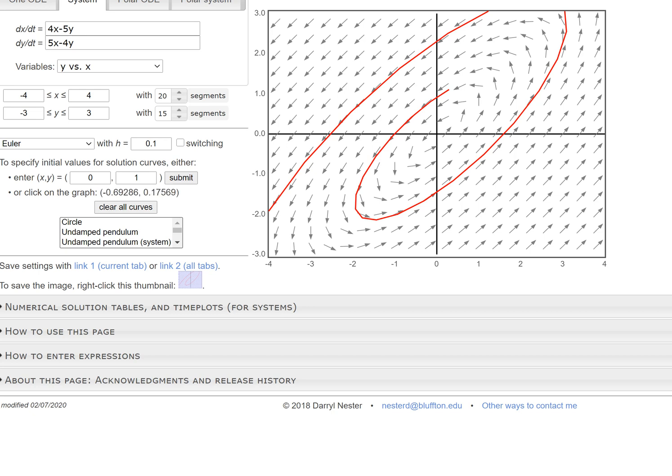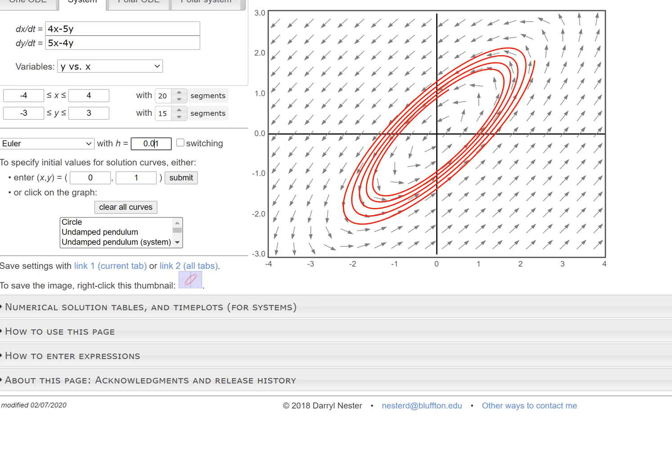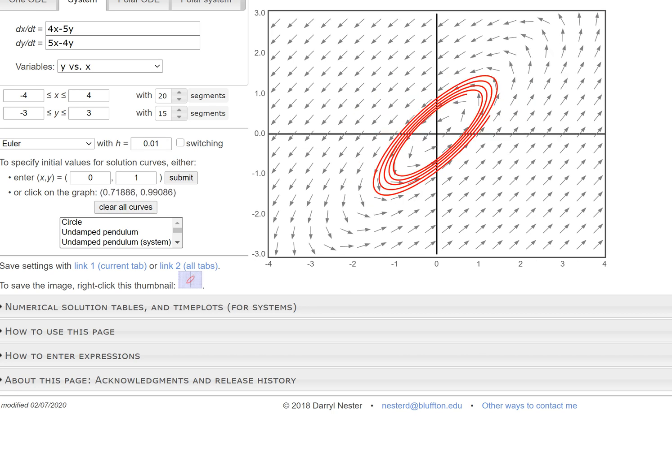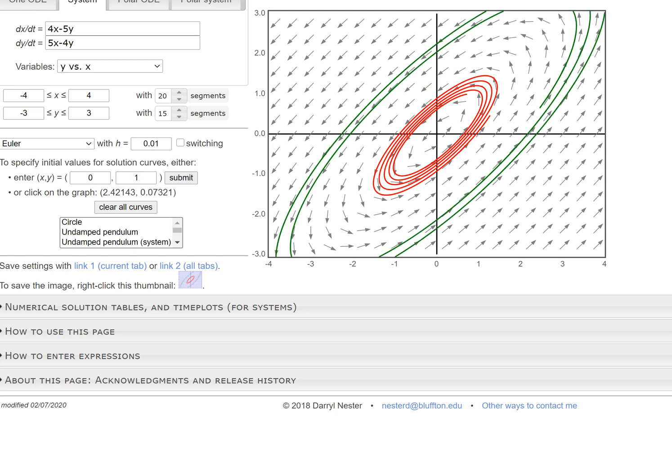Let me see if I can fix this, because I'm expecting spirals here, by changing our step size. And let's clear our curves. And I do see them spiraling in the same direction, but it looks like they still spiral in a little bit.